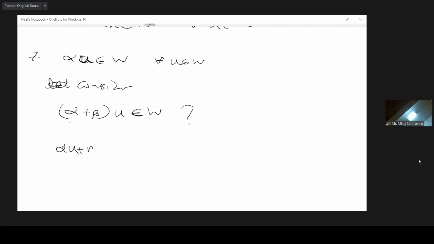I am saying that alpha u plus beta u is equal to alpha plus beta times u. Let u be equal to v. Now I am equating two vectors. If u is equal to v, we have alpha u plus beta v in W. So instead of v, I put u.